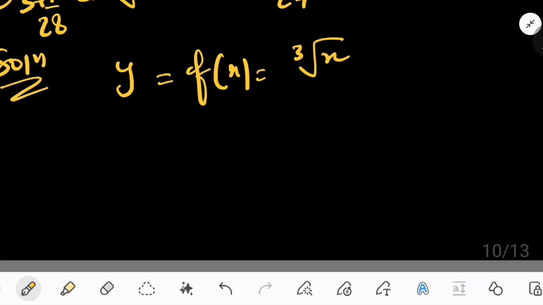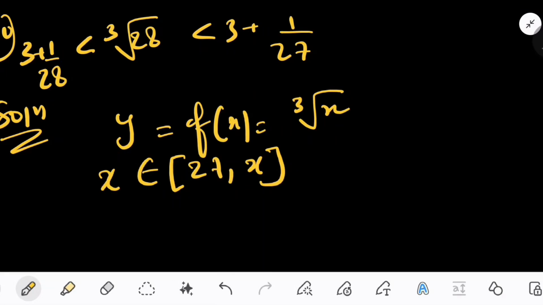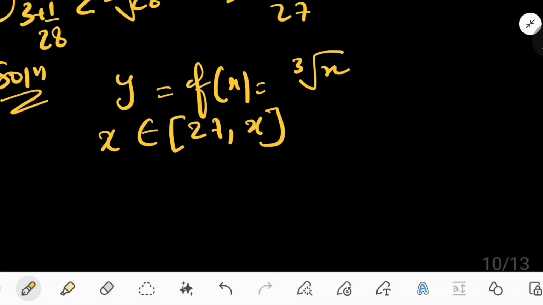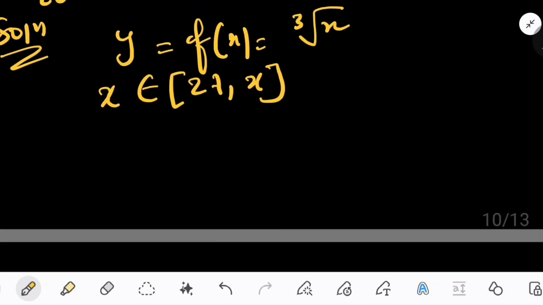And you will assume that x goes from 27 to x. Why so? Because you get 3 plus some expression on both sides, so it is better to use such an approach, because if you put f at 27, you will get 3.